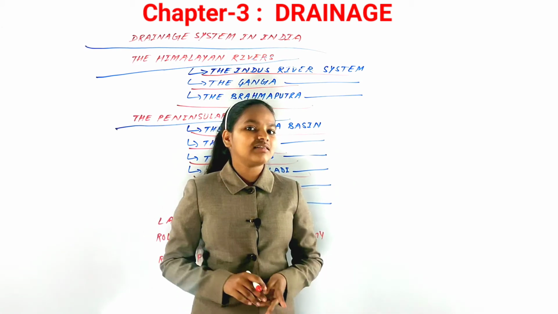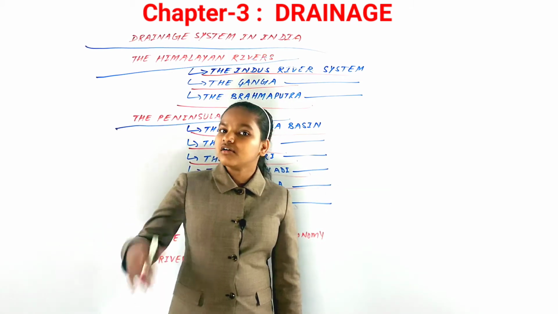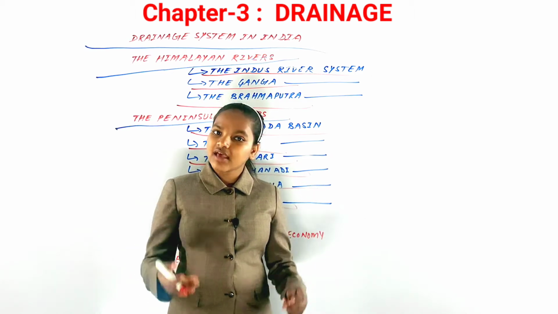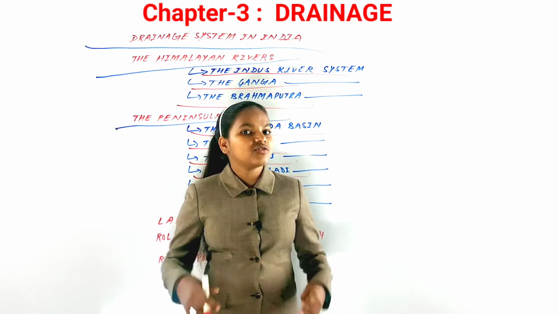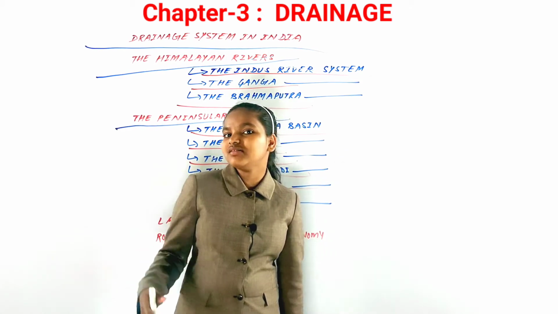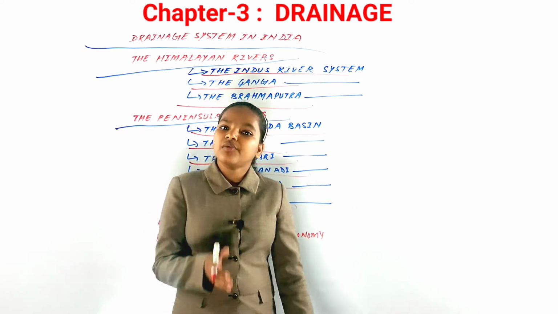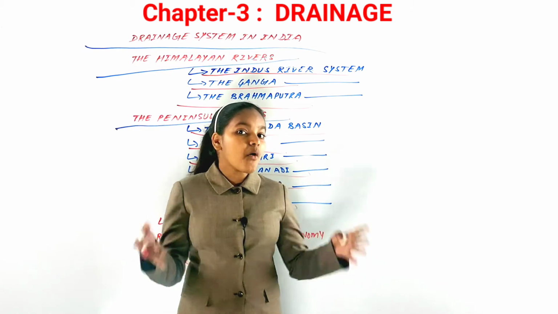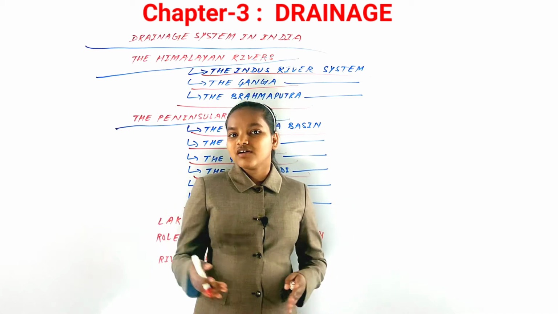Now we have discussed some of the major peninsular rivers: Narmada, Mahanadi, Godavari, Kaveri, Krishna, Tapi, and there are many more rivers of great importance like Damodar, Brahmani, Subarnarekha, and many more peninsular rivers that have not been given in this book, because if we discuss all rivers of our country, it would be impossible to learn, as there are many more small rivers in our country.